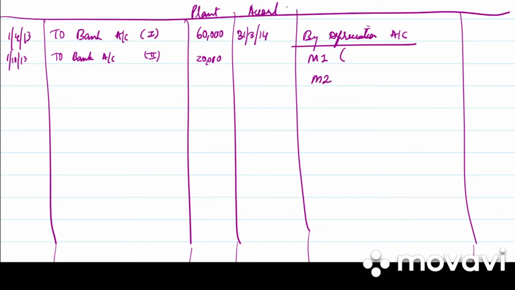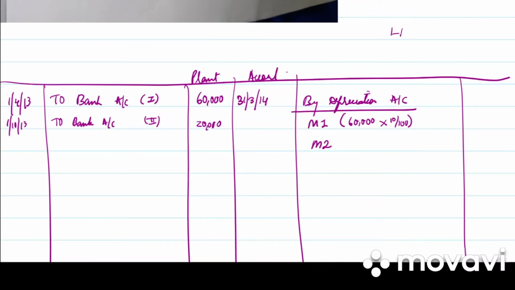So what is the depreciation for machine 1? 60,000 into 10 by 100 for whole year. That is from 1st April to 31st March. 6,000. And second machinery 20,000 into 10% for how many months? From October to March. So October, November, December, Jan, Feb, March. Only for 6 months. So it is how much? 1,000.